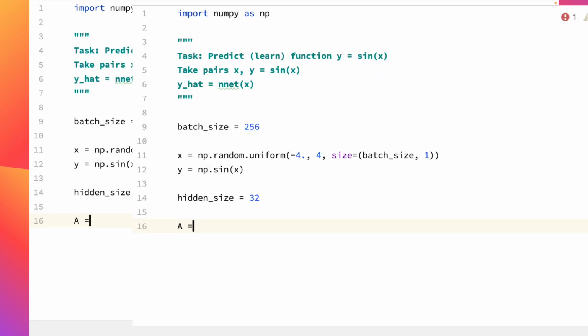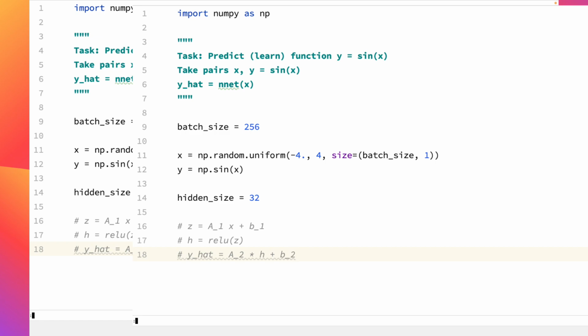The equations will be something like z equals a1 times x plus some b1, and then h will be a nonlinearity of z, maybe ReLU, because why not, and then we'll have y hat equals a2 times h plus b2, something like this, right? So super basic neural net.